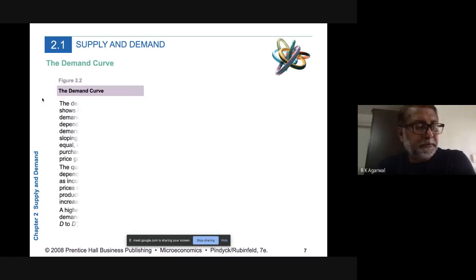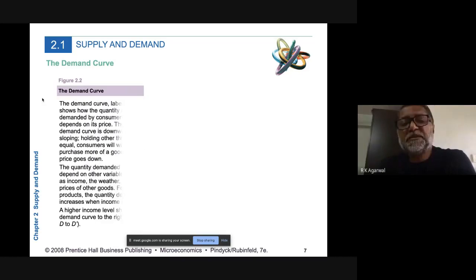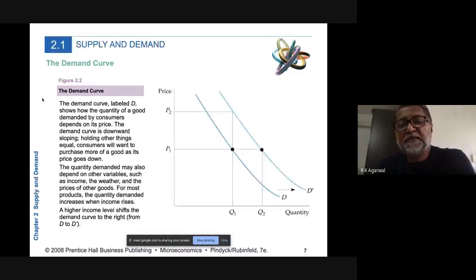And this is the downward sloping demand curve, and this is the demand to its right, because other factors may have changed. For example, if you develop a taste for a certain product, then the demand for that product will increase.